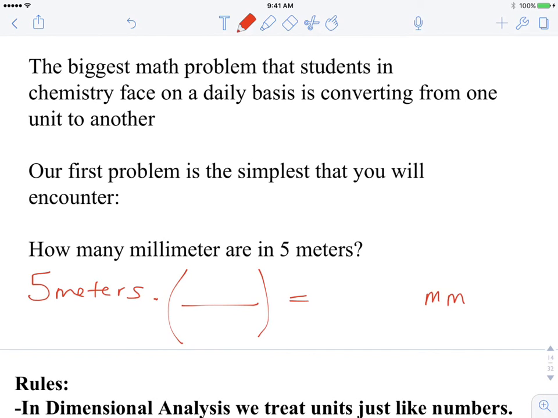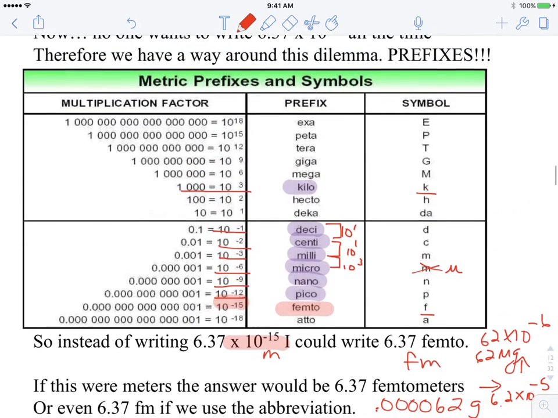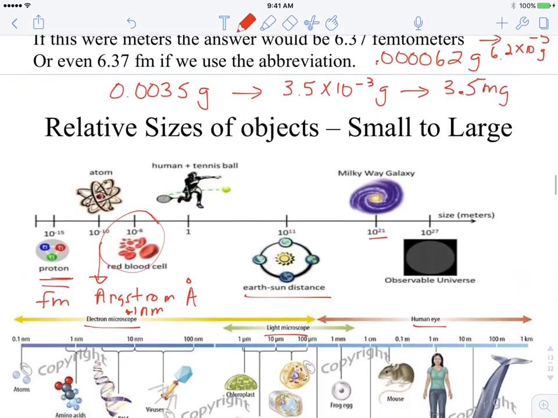Well, I know from before, in our previous day's notes, that when I look at my prefixes, they're both metric, millimeters and meters. And I look at milli, and I see milli here is 10 to the negative 3. Well, what does that mean exactly?